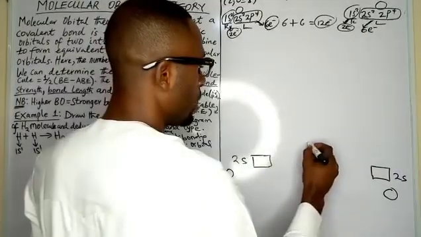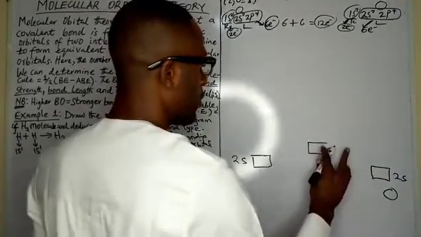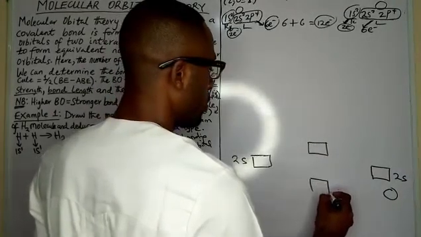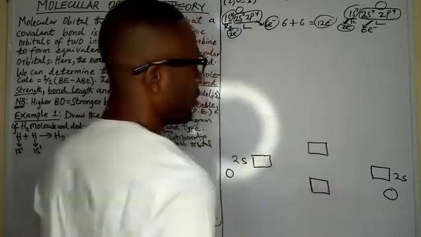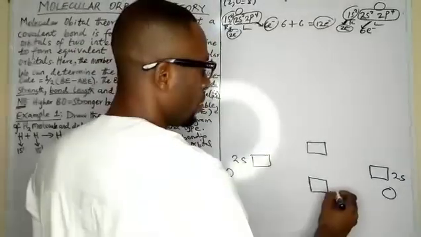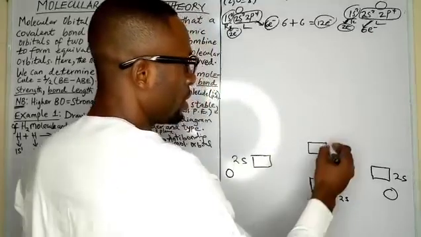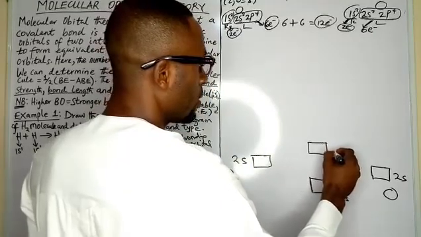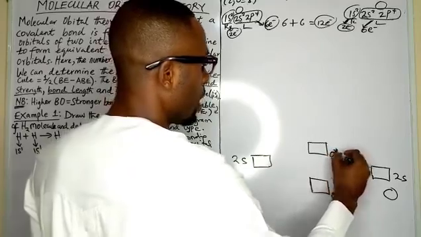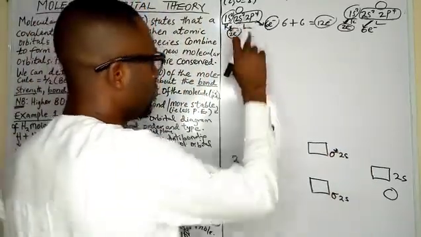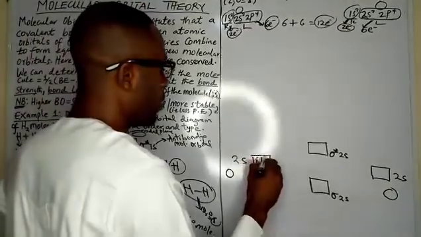Remember, we're going to make an equivalent number of molecular orbitals, 1 above the atomic orbitals that overlapped, 1 below. Remember, this one below is called sigma 2s orbital. This one is called sigma star 2s orbital. We have 2 electrons here, 1 up, 1 down.